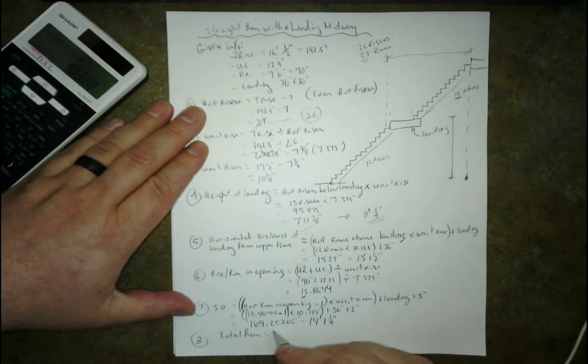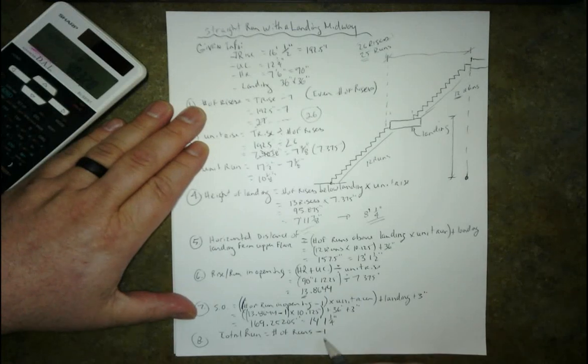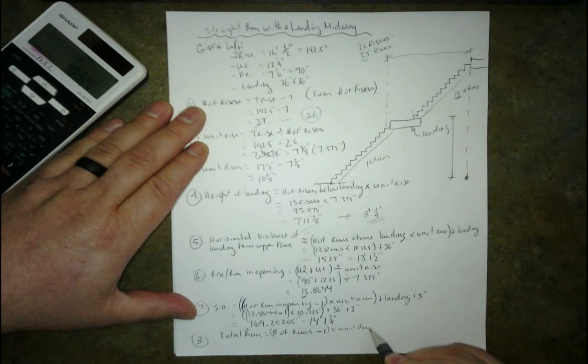So if we take the number of runs, right, and we're going to minus one of those because of the landing. Okay, so number of runs multiplied by the unit run, and then from there we'll add on the landing. So we're not going to add the 3 inches, right?